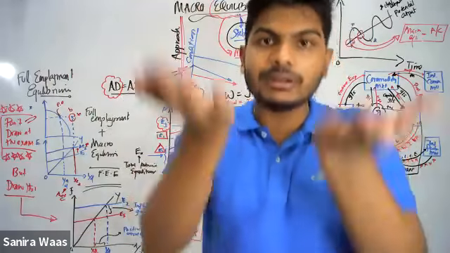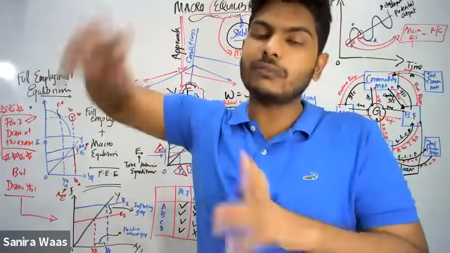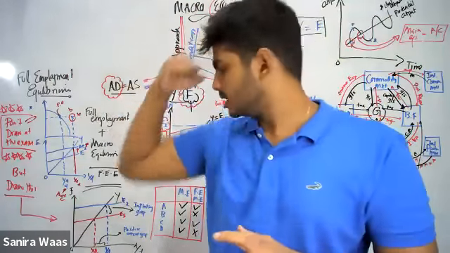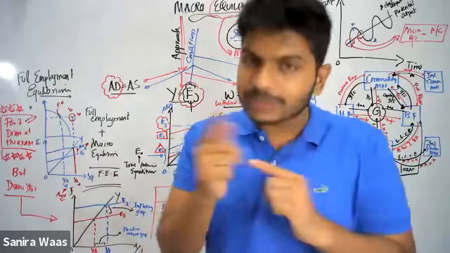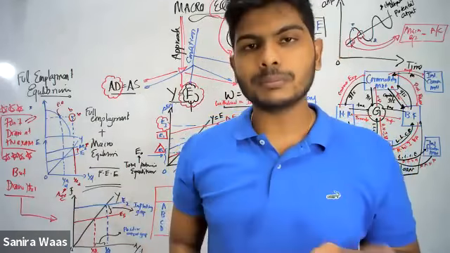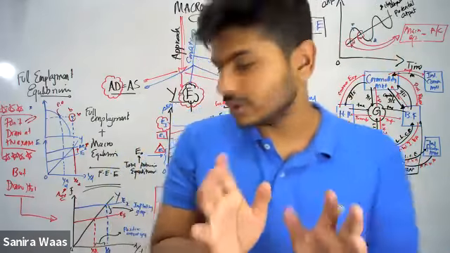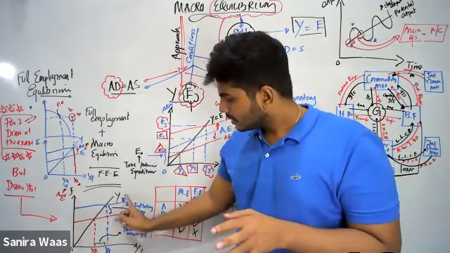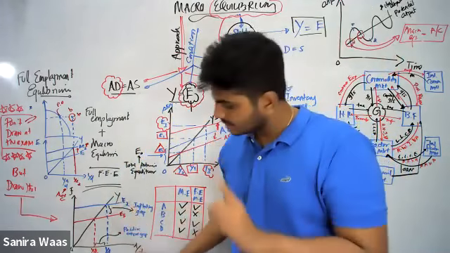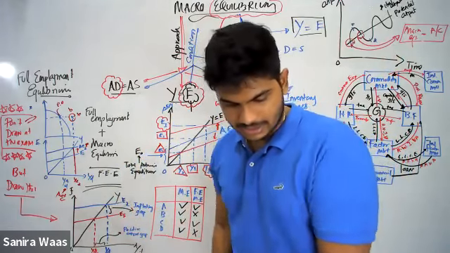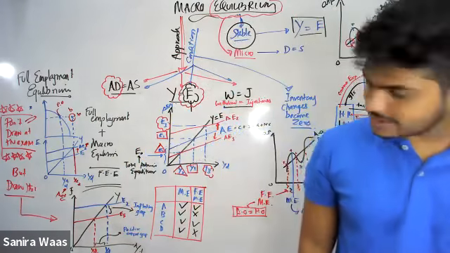So you cannot swap these two. An examiner might give marks out of sympathy, but technically it's wrong. It always has to be the inflationary gap on this side and the output gap on this side.